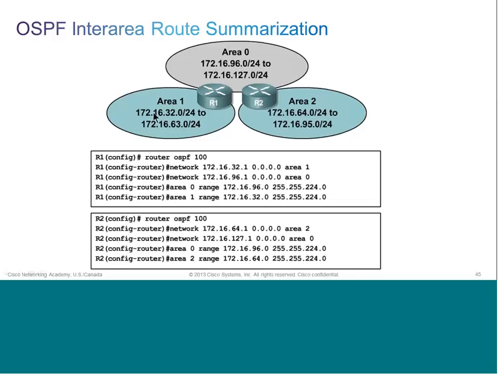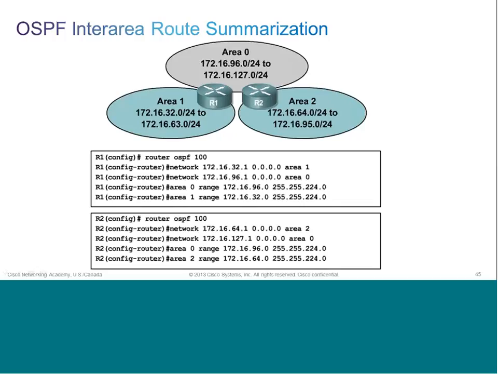It also has in area 1, 32 up to 63. So if those were summarized correctly, they would look like this, and these are the network statements that you would need to put in. So those are your two network statements.